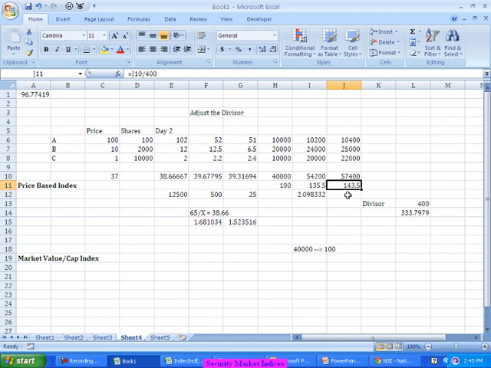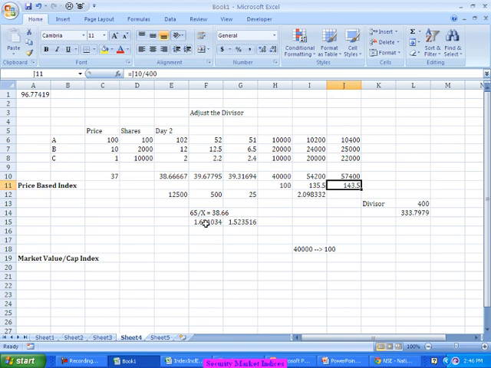This is the way to decide the market value or market capitalization based index. It is not impacted by stock splits. You don't need to make any specific adjustments to the divisors for stock splits. But when you are reevaluating the constituents of the index portfolio, then you have to make the necessary adjustments to it.